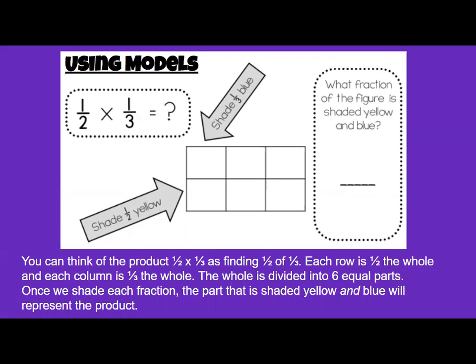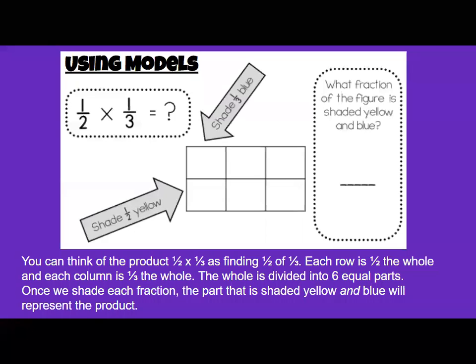If we take a look at this model, we're going to use it to multiply 1/2 times 1/3. You can think of the product 1/2 times 1/3 as finding 1/2 of 1/3. So I'm going to write the word "of" right here above this multiplication symbol because we're finding 1/2 of 1/3.